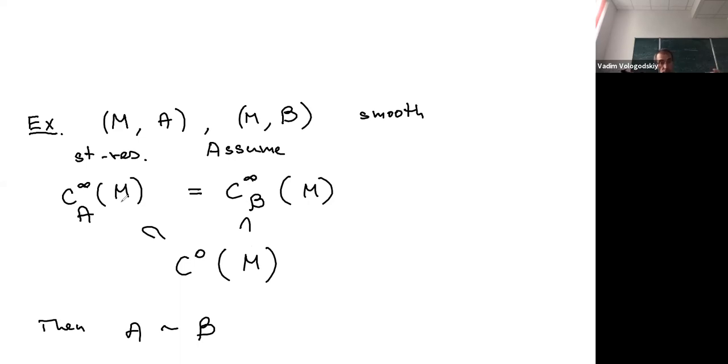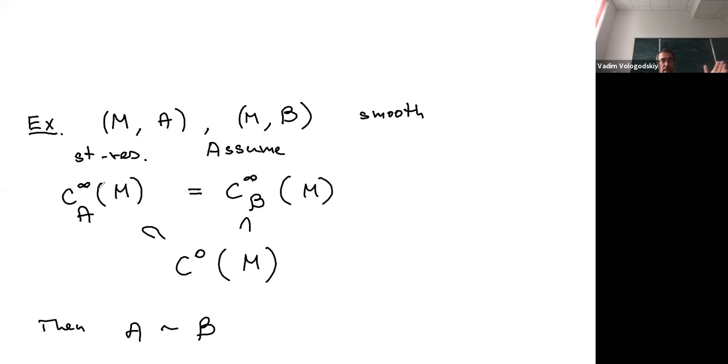You can either construct an atlas, a collection of charts that cover M with smooth transition maps, or you can first define the subring of the ring of continuous functions which are called smooth, and then you know that there exists at most one smooth structure that gives you this subring.